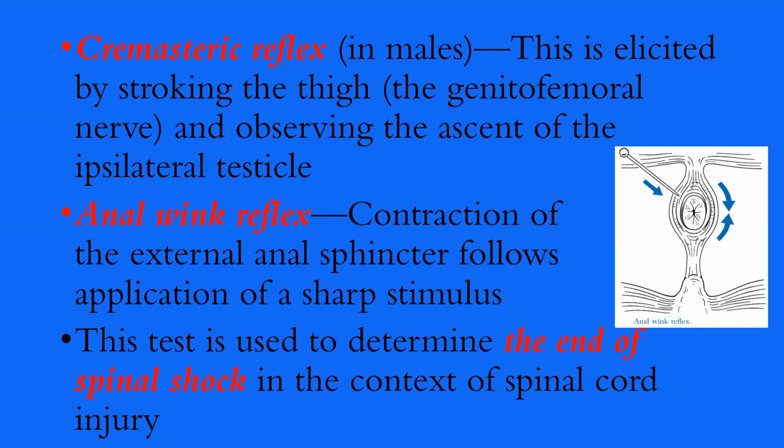The anal wink reflex is contraction following application of a sharp stimulus. This test is used to determine the end of spinal shock in the context of spinal cord injury.